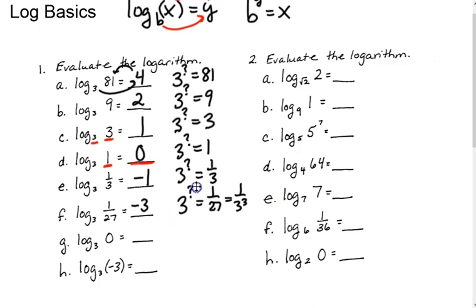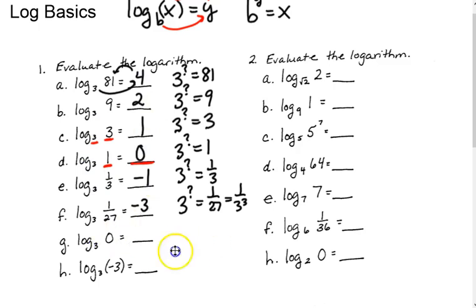So notice that when these numbers are a fraction of the base, these exponents are negative numbers. Numbers greater than 1 for these bases have positive exponents. Numbers less than 1 have negative exponents.